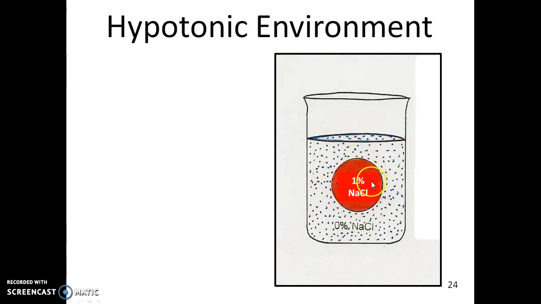So if we have 1% salt, our concentration of water should be what? 99. In the beaker, we have 0% salt, so our percentage of water should be 100. So we have 99% water in the cell and 100% outside the cell. Okay, so it's a low solute, high water environment, which would be the water around the cell.